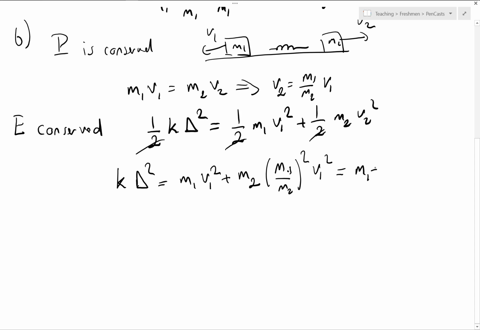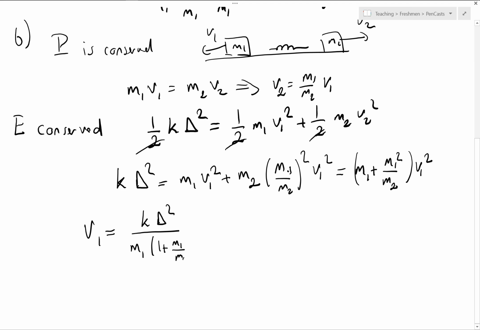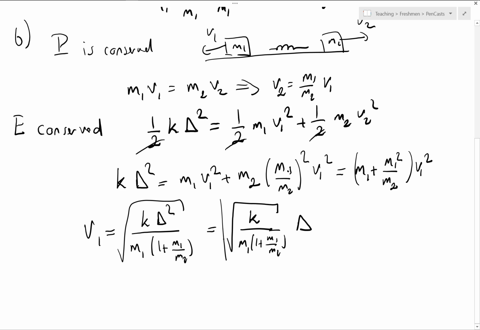I have m1 plus m1 squared divided by m2 times v1 squared. So from here, v1 I will actually find as the square root of k delta squared divided by m1 times 1 plus m1 over m2. Or I can basically write this as the square root of k over m1 times 1 plus m1 over m2, times delta.